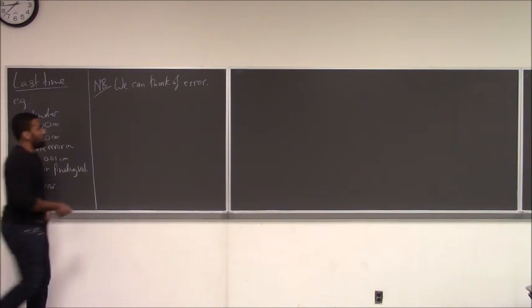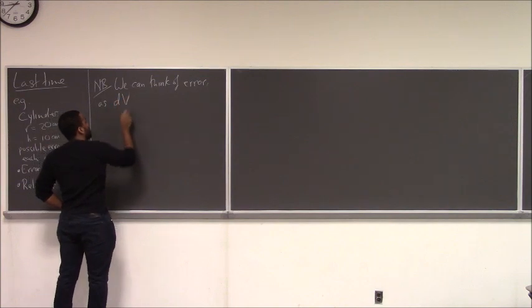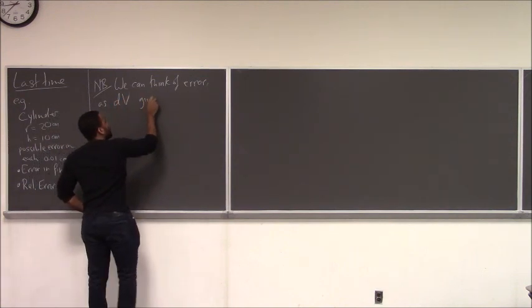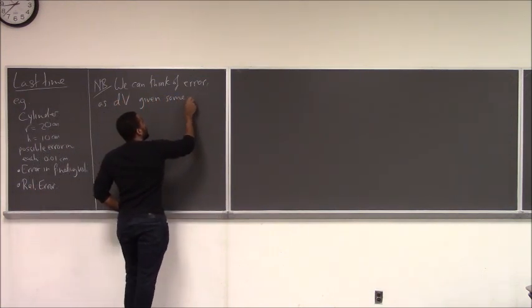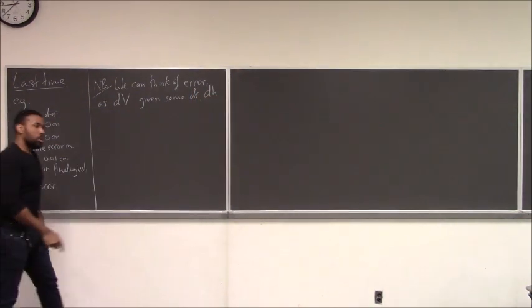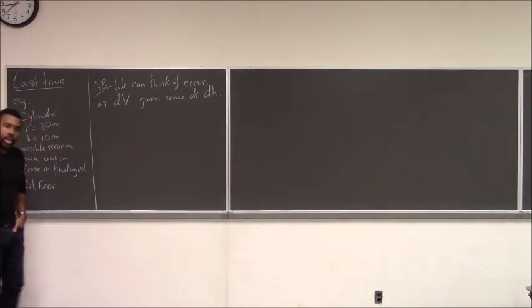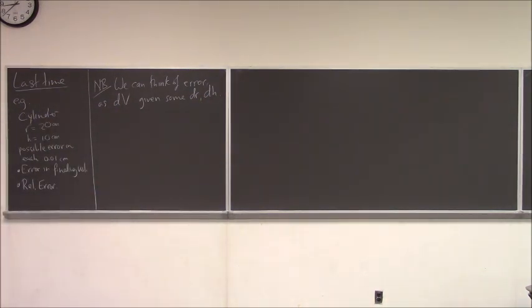And so we can think of the error as really just a change in volume given some changes in the radius and height. Okay? So someone manipulates the radius and height, and we want to know how does the volume change in reaction to that manipulation.